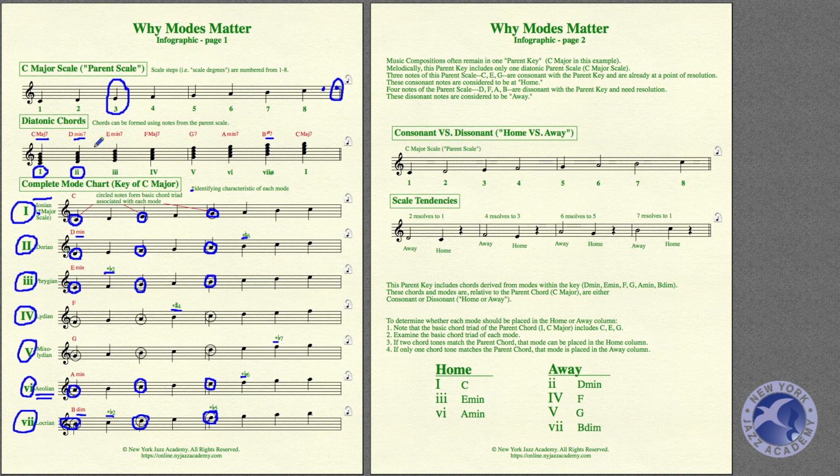So basically the overarching question is, why are the chords on this line presented as 7th chords, where you have 4 notes per chord, and then down here, they're presented as triads, only looking at 3 notes per chord, the circled notes for each line? So why 7th chords for the diatonic chords, and then why only triads for the complete mode chart?